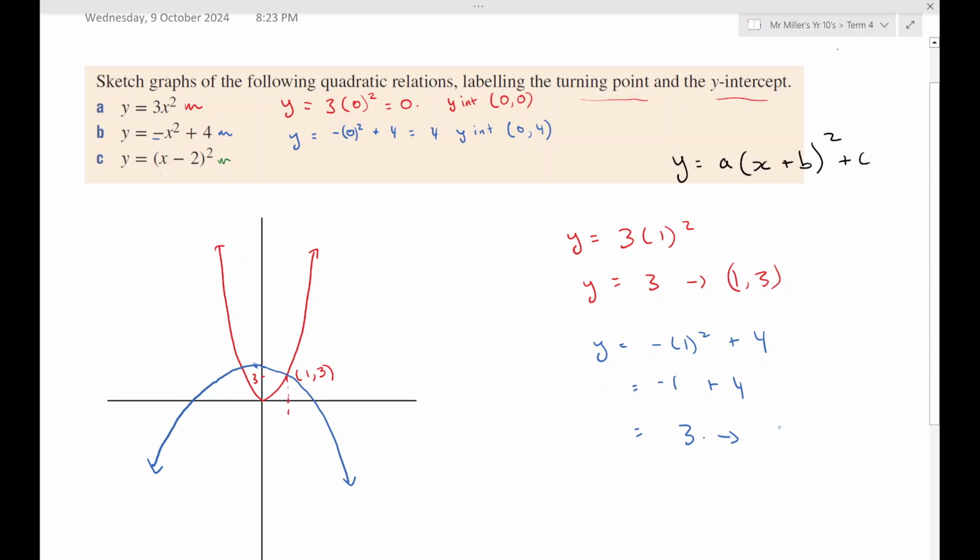So I see that another coordinate point of this blue parabola is (1, 3). It's the same as this red parabola, so we should be intersecting our parabolas here at (1, 3). I didn't do a very good job of that. Let me try again. And that'll do. So we should be intersecting there, (1, 3).